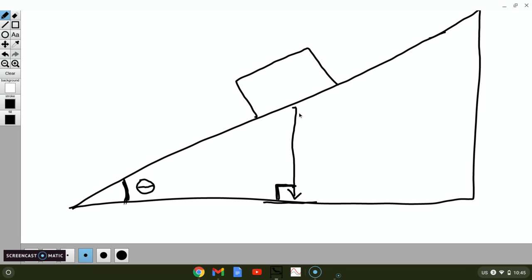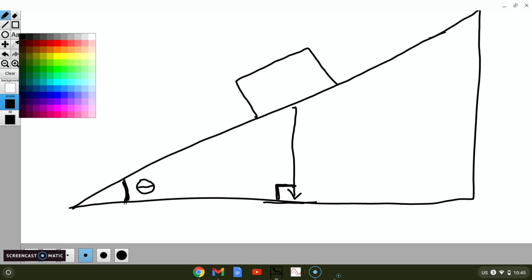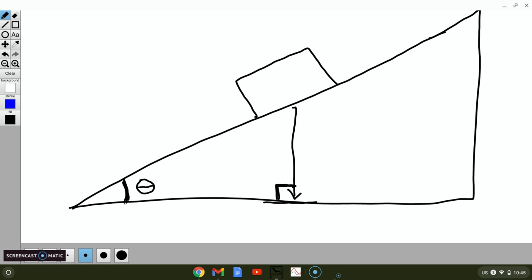If I wanted to, and I'm going to change the color to demonstrate this, let's go blue, this would be this force plus this force. Those two forces added together would give me that force. It would also be this force plus this force. Any two forces that end up there are the sum of those two forces.